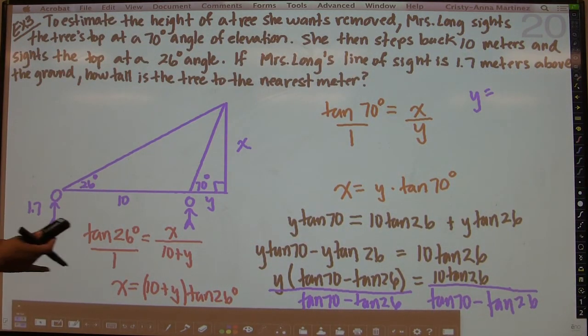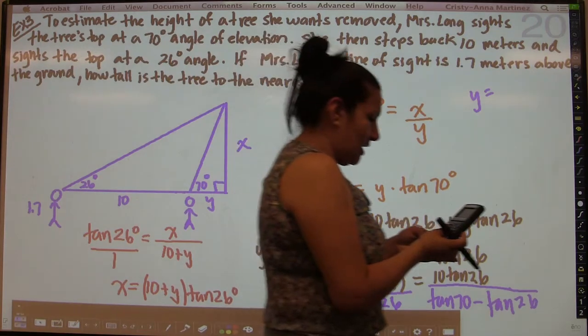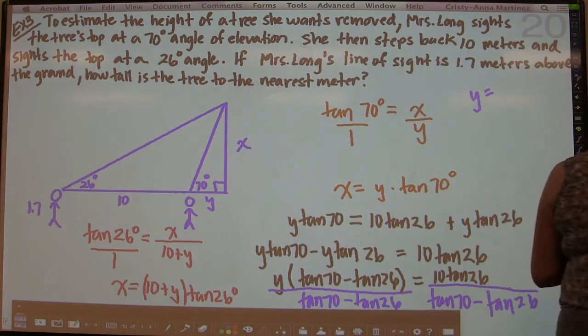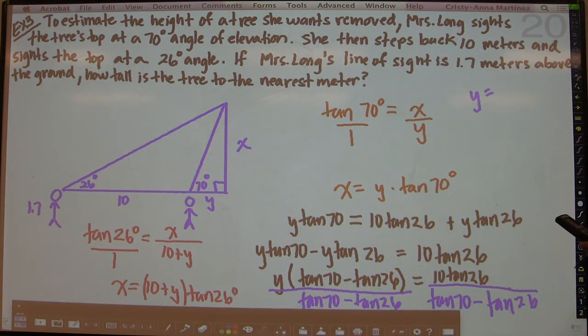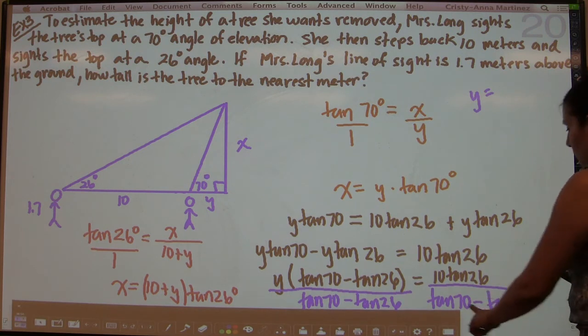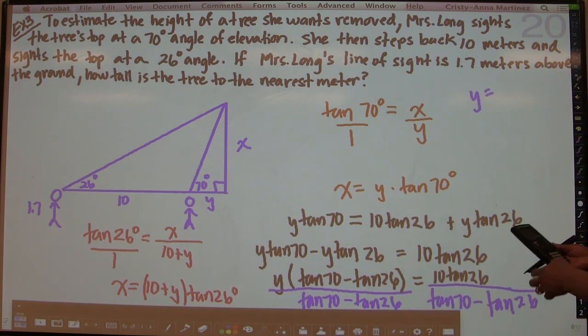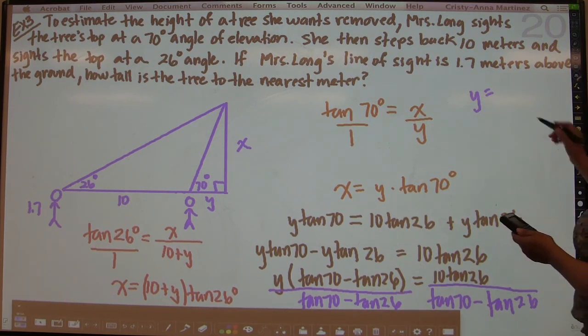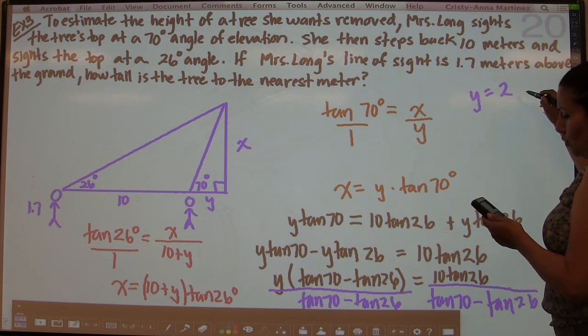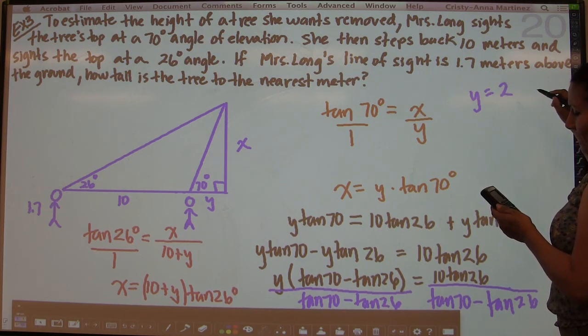So we're going to go to the calculator and go 10 times tangent 26, close the parentheses, divided by, and it's very important that you put all of this in parentheses. So divided by, open parenthesis, tangent 70, close parenthesis, minus tangent 26, close parenthesis, and we get that y is approximately 2.158.